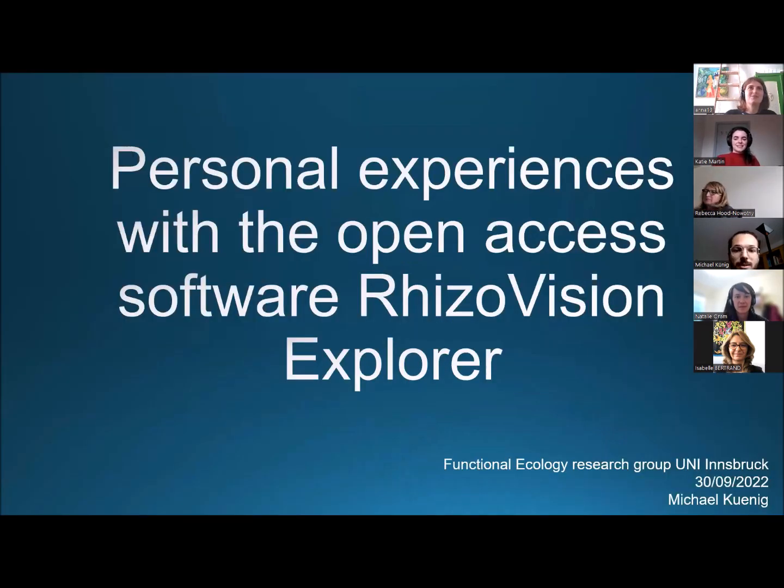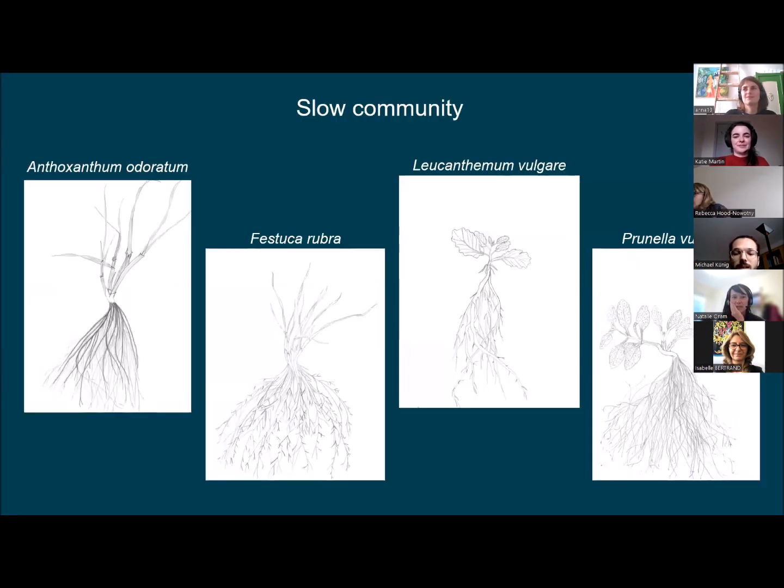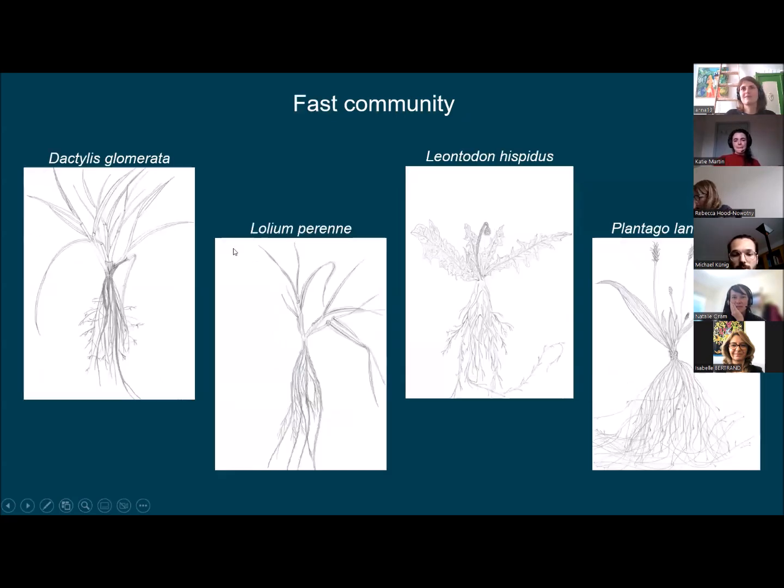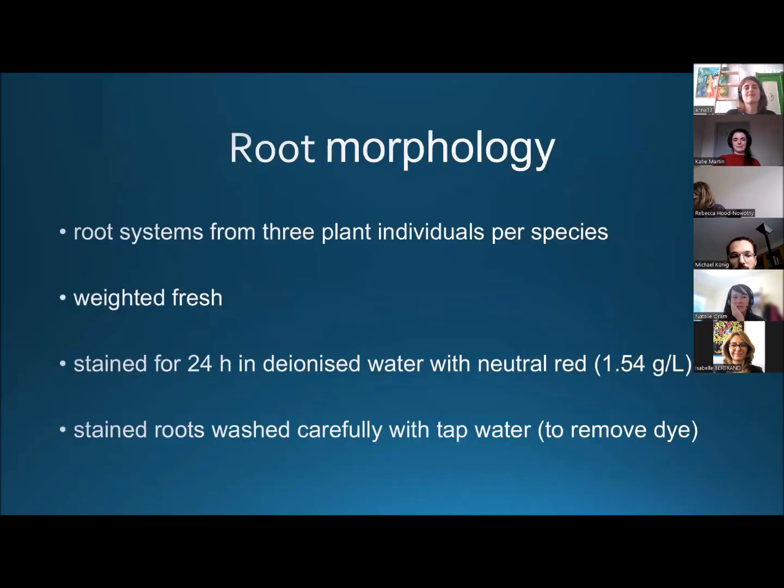I would like to talk about some personal experiences with the second program, the RhizoVision Explorer. I used within my thesis 8 plant species from 2 different communities, and they all have different root structures. We took root systems from always 3 plant individuals per species.